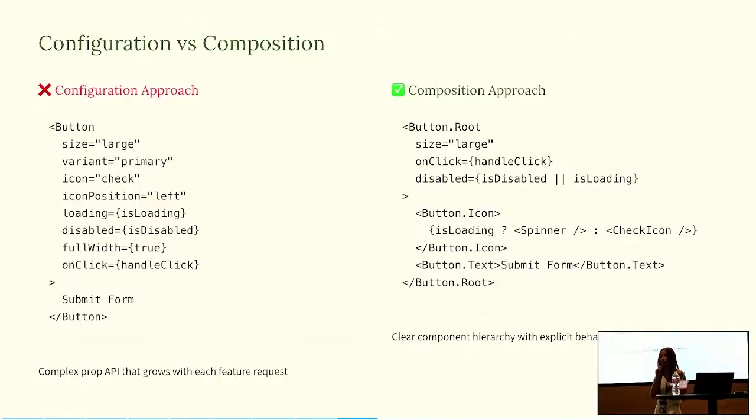Like we have icon check, but then we have to add another prop to position it to the left. Whereas if you look at the composition approach, you have your button and you have your button dot icon, and you can move this around. You can move the icon before button dot text or after button dot text to position it on either the left side or the right side. You don't need to define that as a prop.